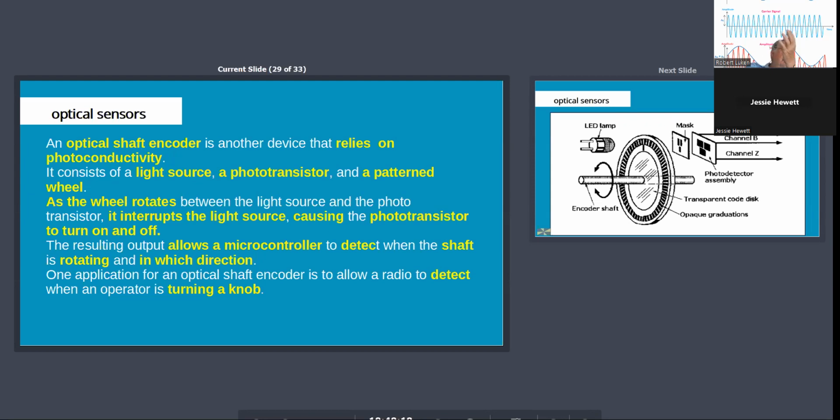And then you'll have a Z output, which is just one spot, so you can tell when you've done a complete turn. It's like the home position. Every time you cross that, you get a pulse which says I'm at 0. So you know how many turns you've done, where the other pulses are telling you what fraction of a turn you've done.